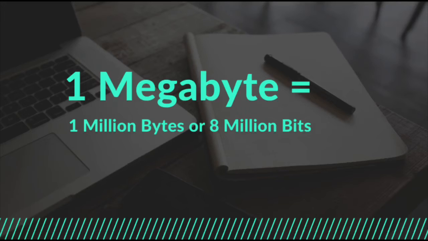But because we don't run down a hallway turning switches on and off, we have to have something that does that for us. Case in point, in a regular computer, you either have megabytes or gigabytes. Now, you might send a file that's, let's say, 100 megabytes. Well, just one of those megabytes is 1 million times 8 of these little on and off switches. 8 million little ons and offs.